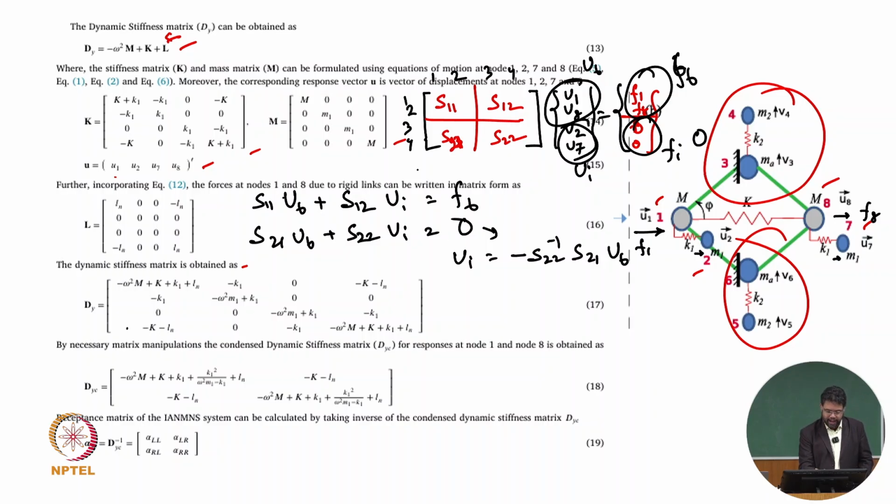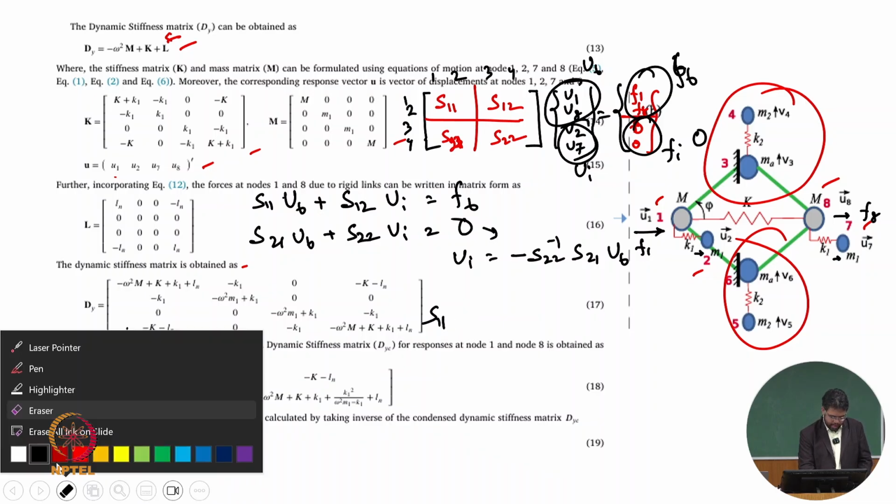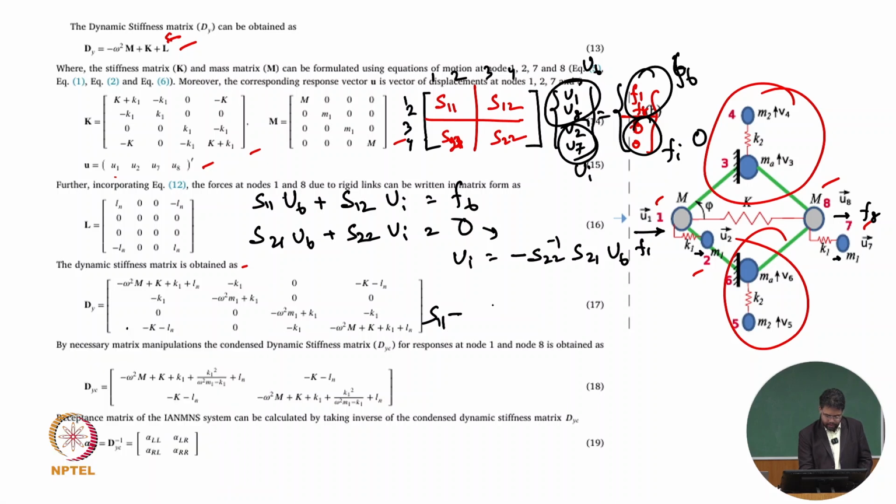If I substitute back into the main equation, S11 minus S12 S22 inverse S21, into UB, equal to FB. Got that?